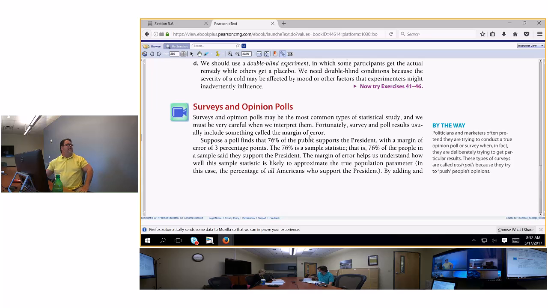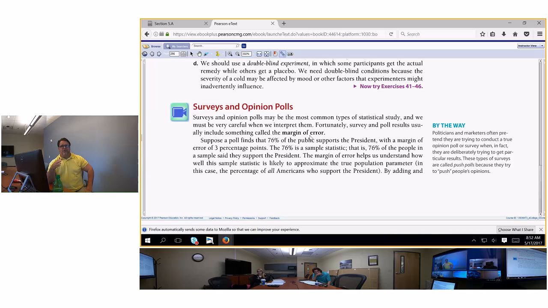Well, go ahead and write down margin of error. Margin of error is a gap. Think of it as an estimate. If you ask somebody for an estimate to paint your house, and they say, well, it's going to cost $500, give or take $100, then you know it's going to be between $400 and $600, because it's $500 plus or minus $100.